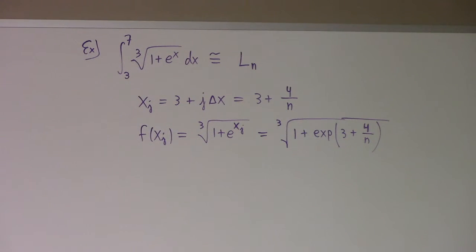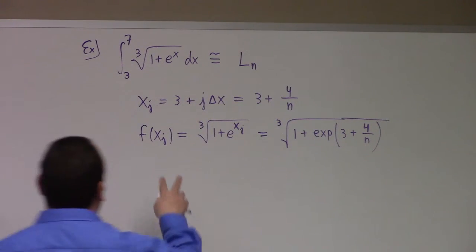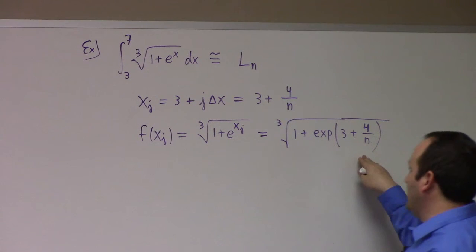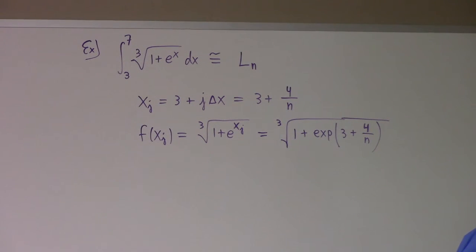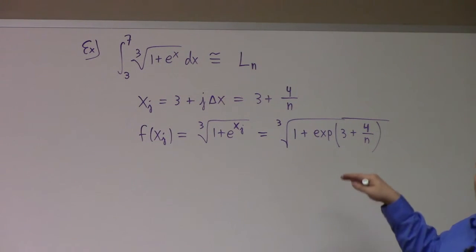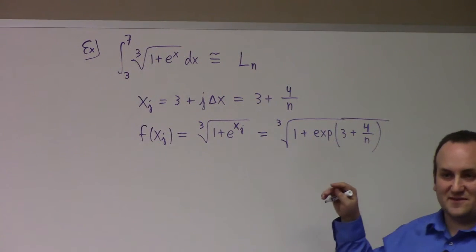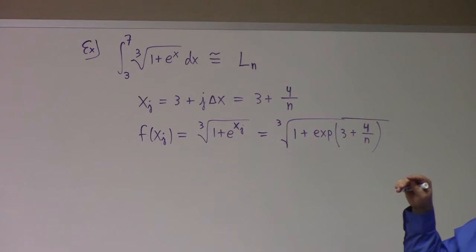So to actually do one of these things, I have to figure out what is the formula for the jth partition point. I feed that formula to the integrand's formula, which in this case is the cube root of 1 plus the exponential. I actually kind of believe we could do this integral using a rationalizing substitution like we did at the start of today, but I also believe that I don't want to.